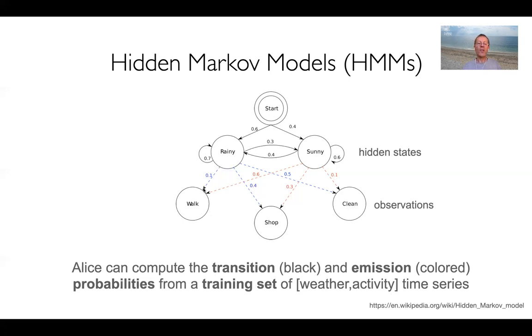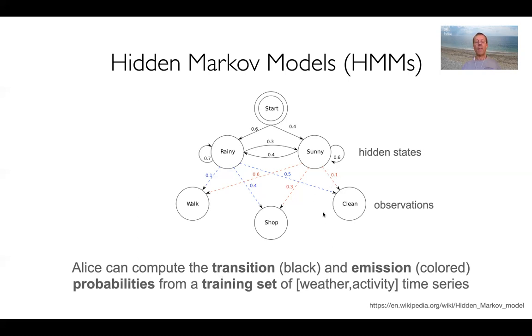Then she can also estimate these emission probabilities, as they're called. What's the probability that he will take a walk on a rainy day? So now she has calculated all these probability values from historical data, from a training set.